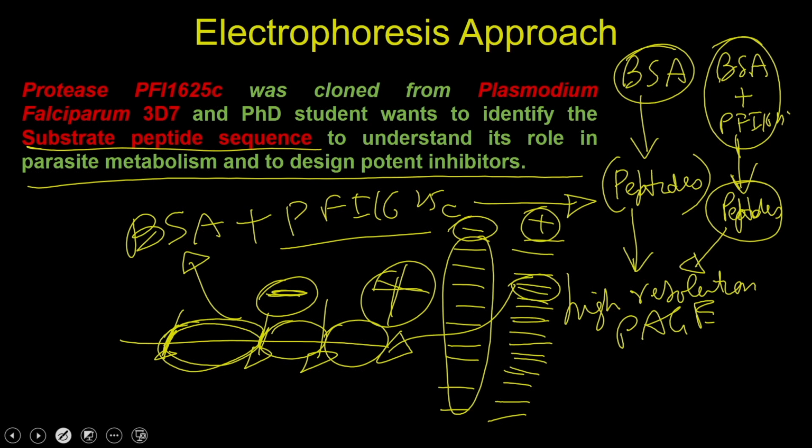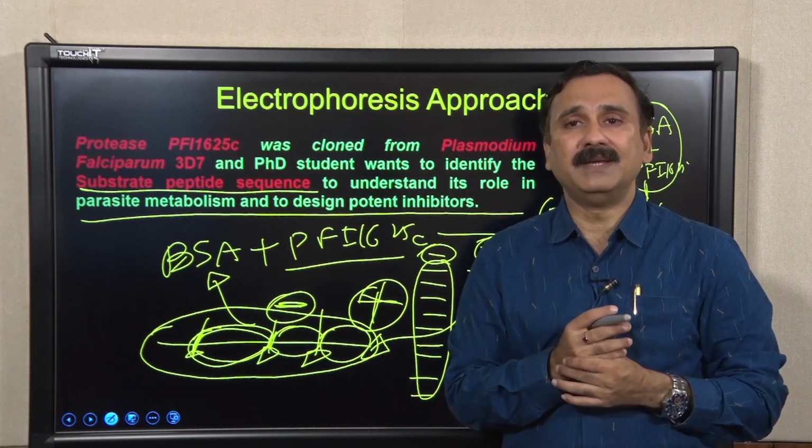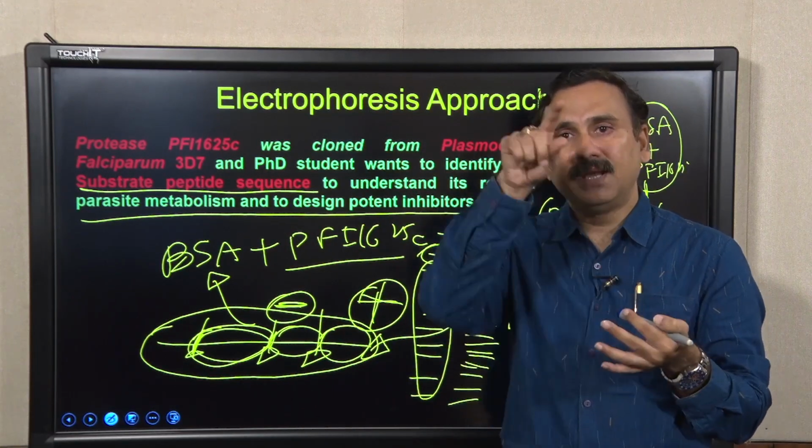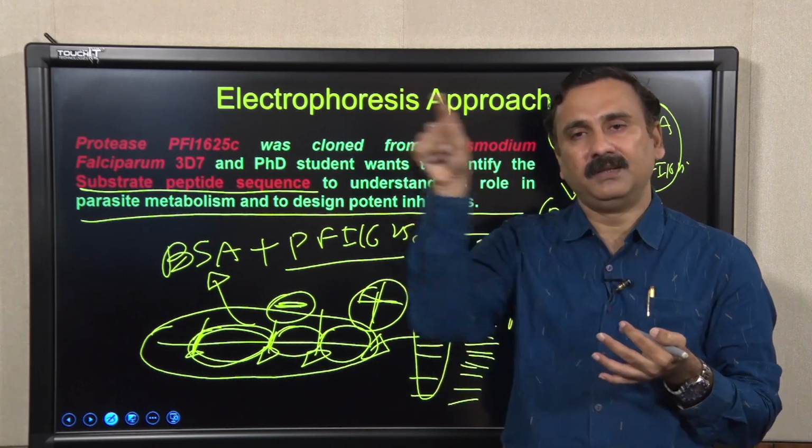And you are not going to get just one peptide sequence, you will get multiple peptide sequences. You will be able to deduce where each peptide is coming from, because you already know the sequence of the BSA. So you can say, okay, this is the place I am getting, this is the place I am getting.